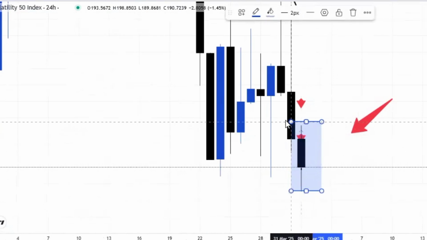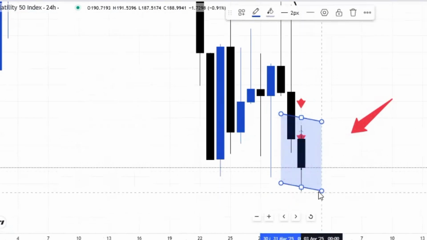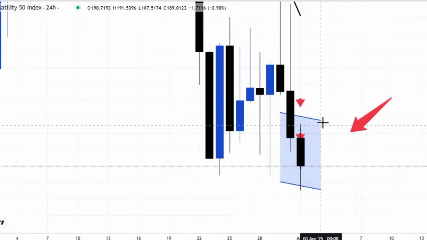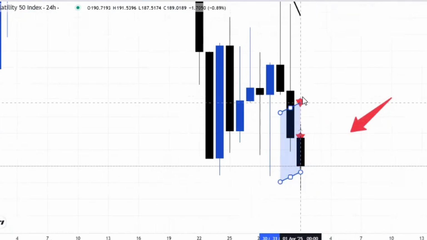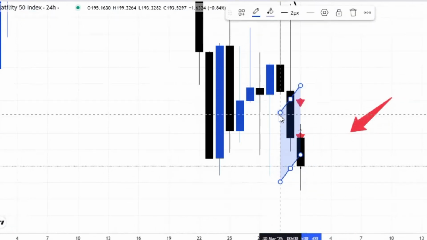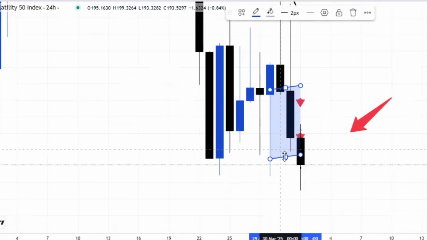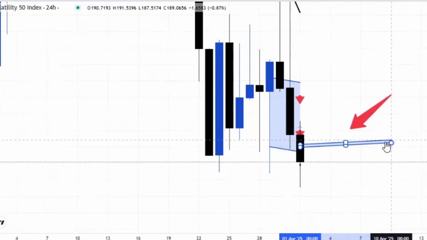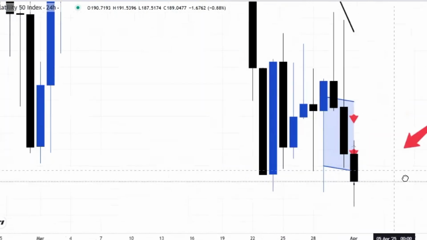now let's go to this. Let me remove it from this one. Now let me move it to this next candle. Sorry guys, let me delete all this.